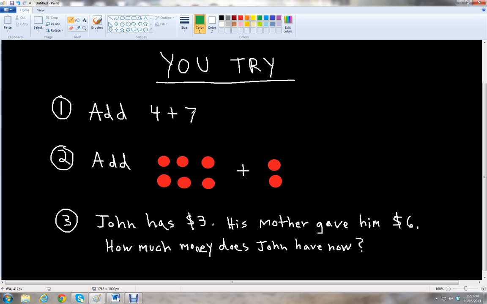So with 7 being the larger number, we can start at 7. And what are the 4 numbers that come after 7? So 7, 8, 9, 10, 11. Alright, so 4 more than 7 would be 11. So 4 plus 7 is 11.